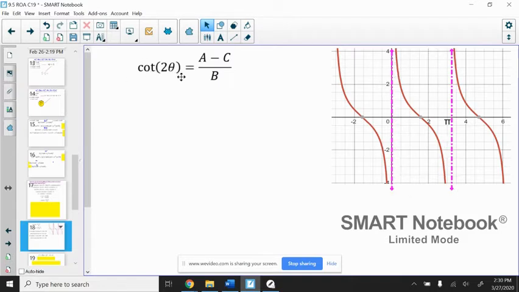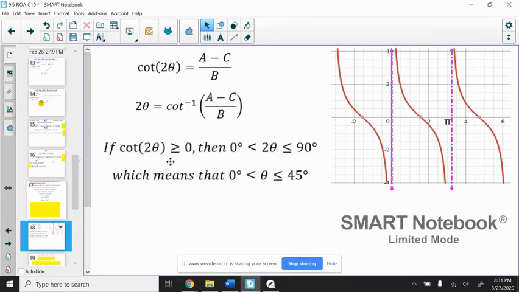So let's take this. Cotangent of some particular angle is going to be a minus c over b. Good to know. To solve for twice theta, I'm going to take the inverse cotangent, recognizing that I'm being restricted to talk about angles that are only going to be from 0 to pi, exclusive, of course, because of the 2 vertical asymptotes. Where does that take us? That takes us to here.